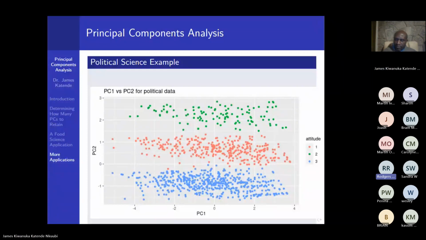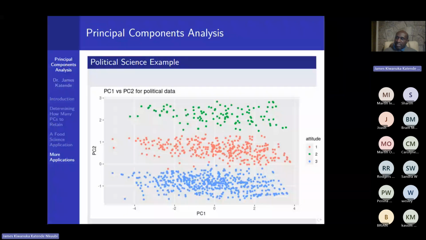Doctor, I have a question. How does the PCA handle outliers? Because based on the graph that we are seeing now, I don't think it's representing outliers. How will it handle outliers?